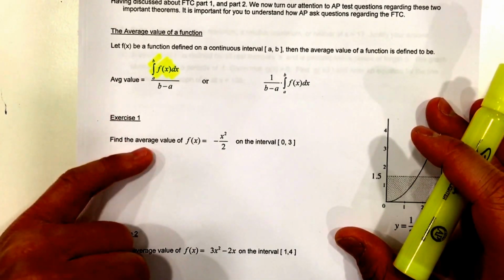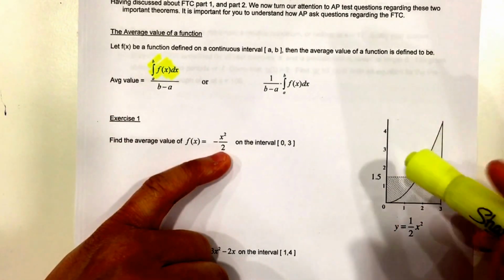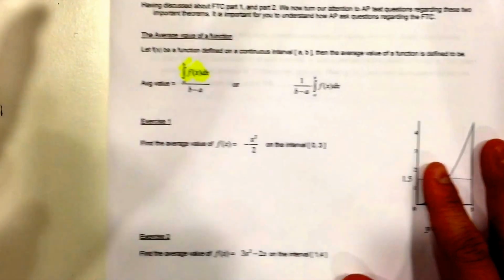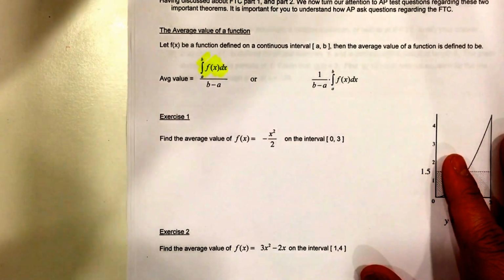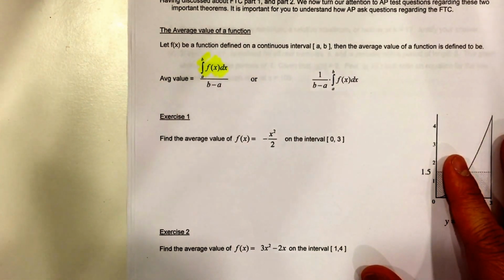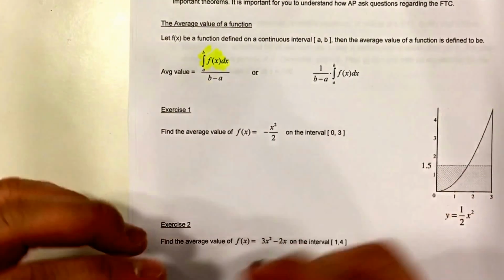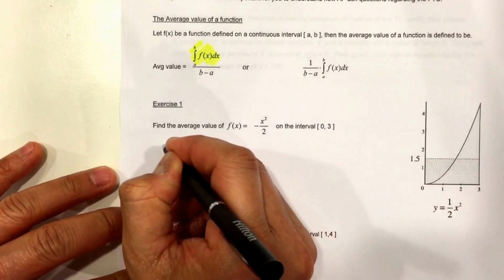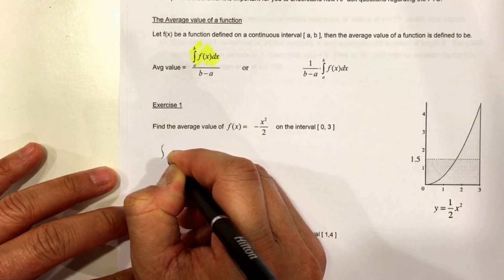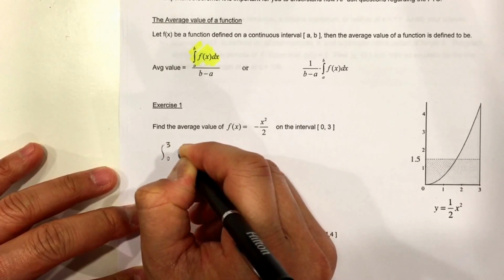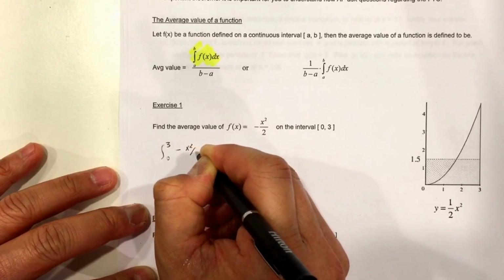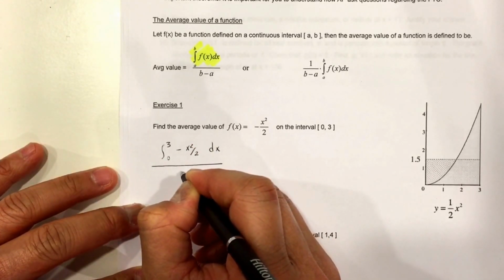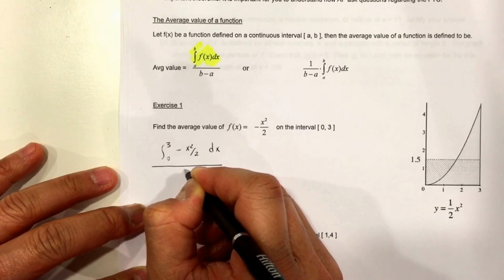So find the average value of this function on the interval of 0 to 3. By definition of average value, we are going to set it up as the integral from 0 to 3 of negative x squared over 2 dx divided by 3 minus 0, which is 3.